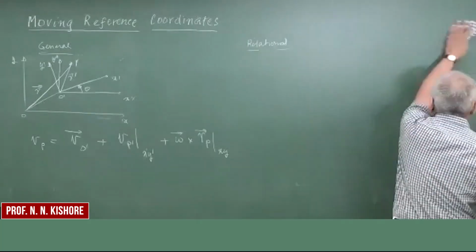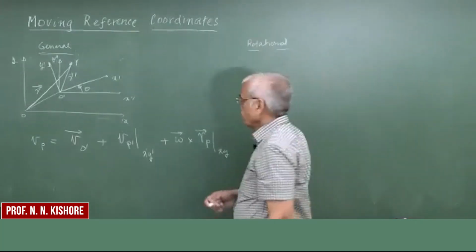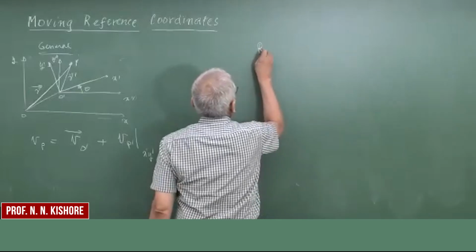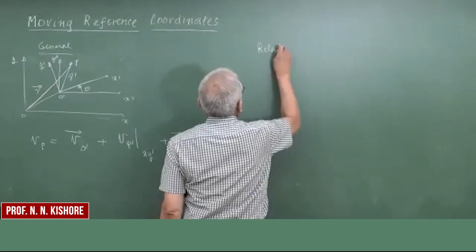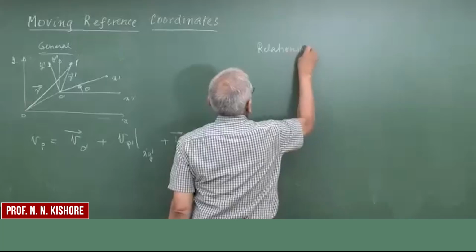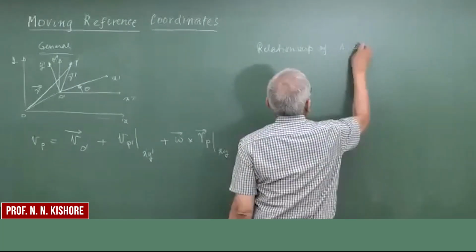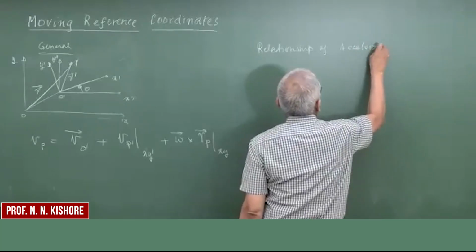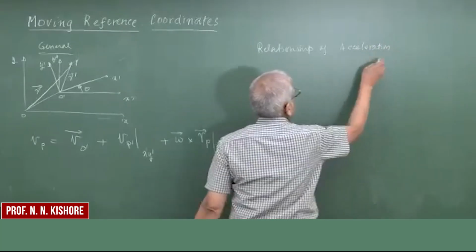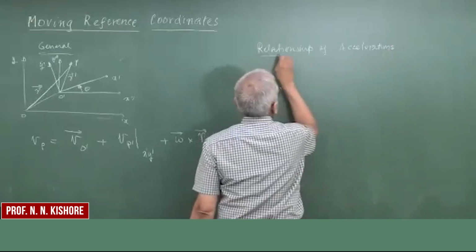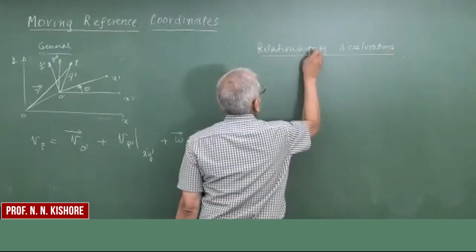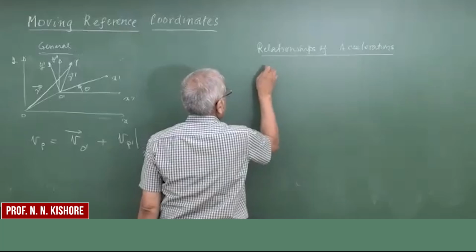This is the velocity relationship. Let's go for the relationship of acceleration. So to start with, we have V here.